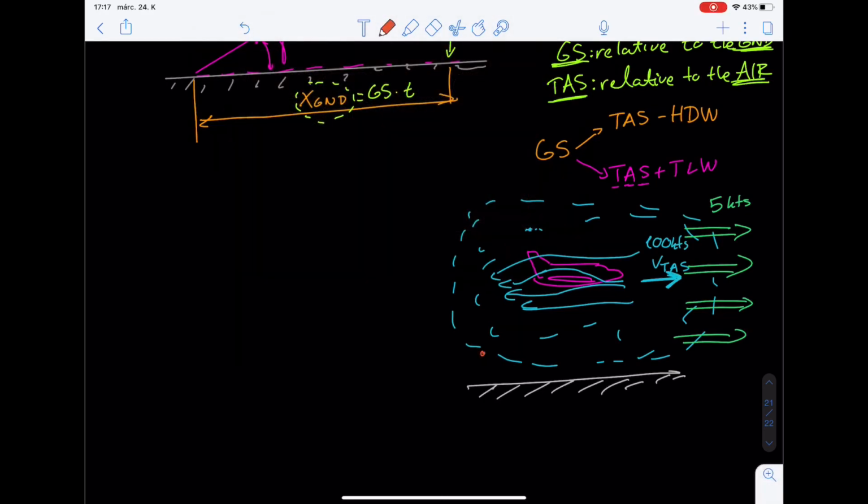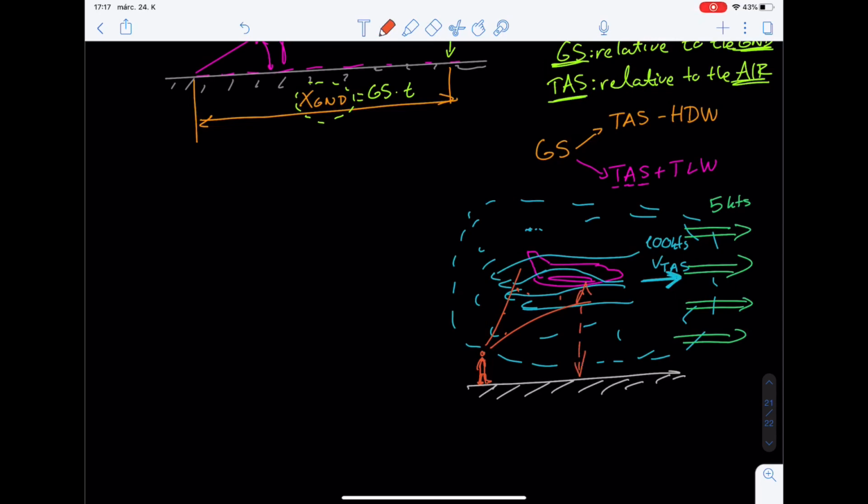If there was me on the ground, observing this whole thing, what would I see? How fast the aircraft travels? Of course, I don't see the air molecules and how fast they're moving and how fast the aircraft is moving relative to the air. No, what I see is just the absolute movement of the aircraft relative to the ground, because that's what my eye can see.